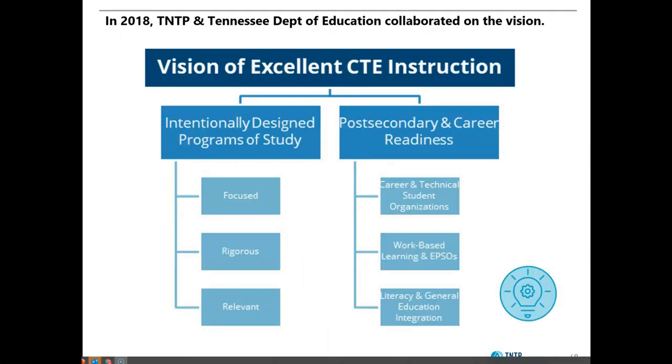Here you see a high-level overview of the different components of excellent CTE instruction. The post-secondary and career readiness components are a mix of programmatic offerings and integrating the programming and instruction with literacy and general education requirements. These components are equally important in this vision, but they are just outside the scope of this particular orientation series.